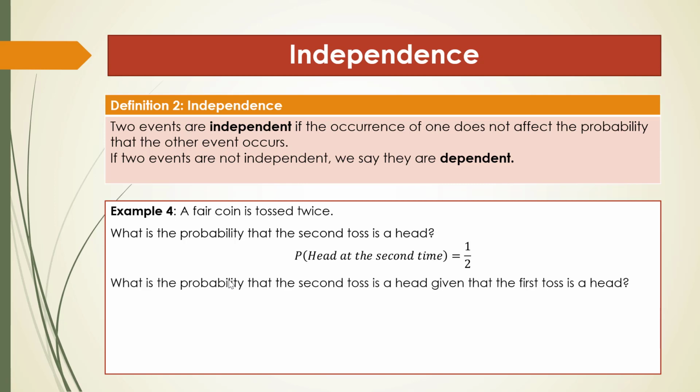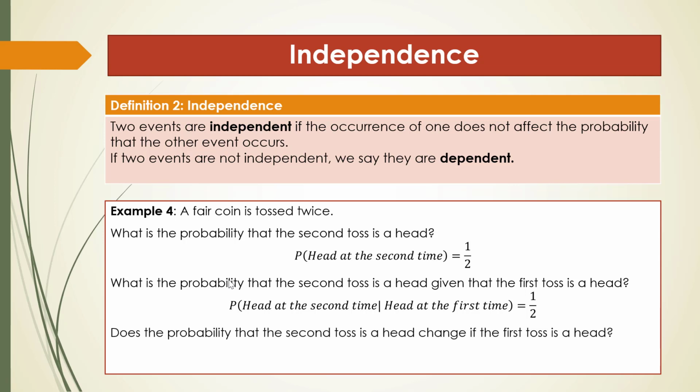What is the probability that the second toss is a head, given that the first toss is a head? Here again, no matter what happened with the first toss, for the second toss we only have two possible outcomes, head and tail. So the probability of getting head at the second time given getting head at the first time is still 1/2.